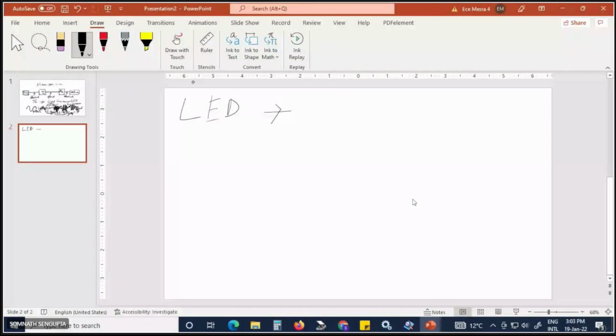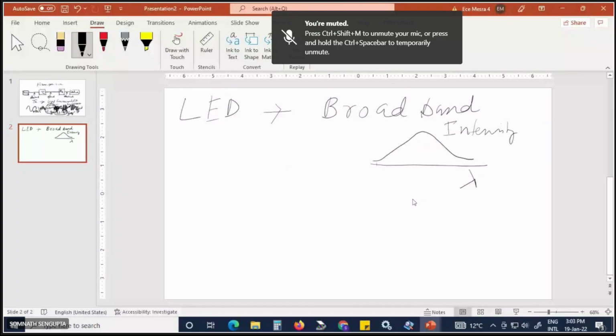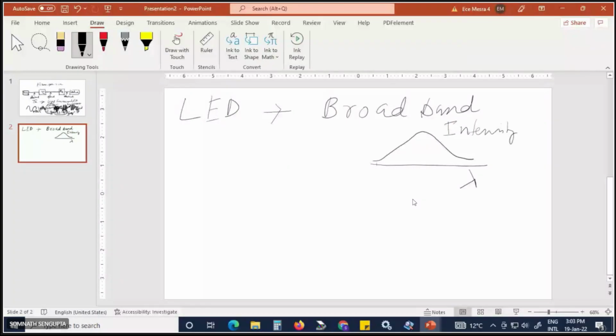The LED is a broadband light source, and its spectrum is broad, that is lambda versus intensity, and this is generally 50 to 100 nanometers.